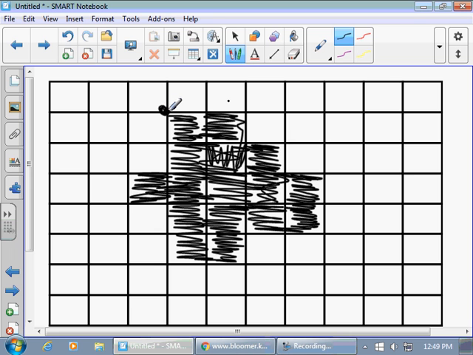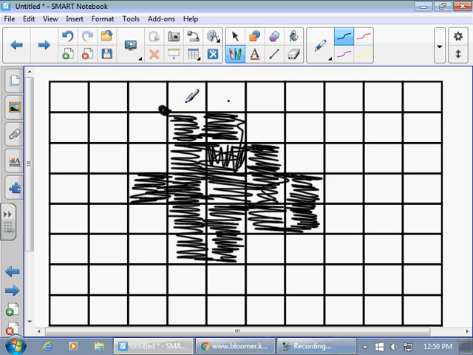Alright, so let's count. 1, and I'm back to where I started, right? So how many units around that object? 20 units. Okay? Did you see how we got 20?